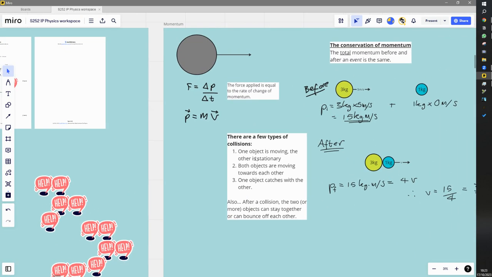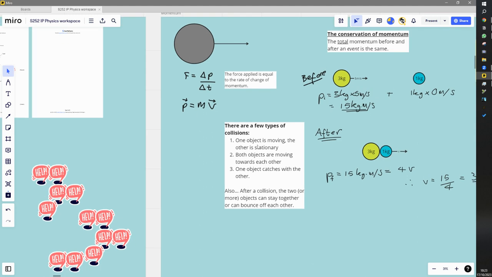Just briefly about collisions, what do we need to know? Well, we can think about them all as one. Just basically apply this rule. But it's still good to be familiar with the different types of collisions and what could occur. You could have one object moving and one stationary, like I've got here.